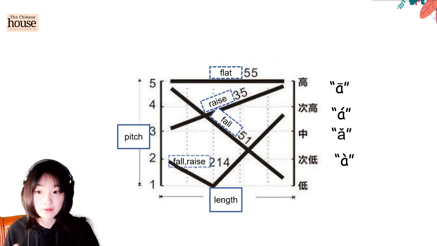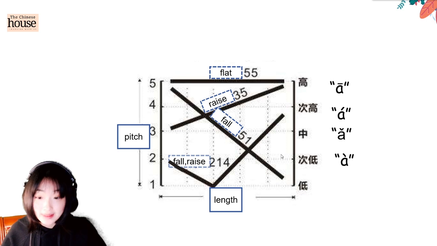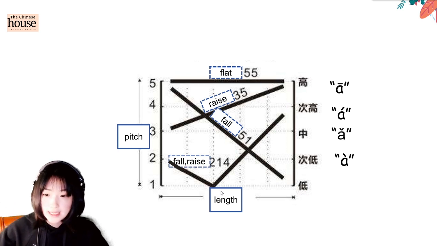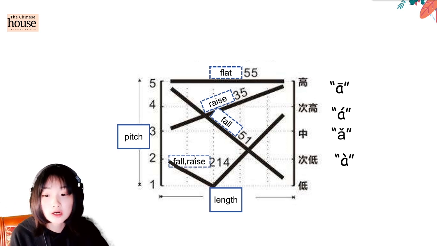Don't try to remember the beginning pitch or the highest pitch like singing. You don't need to, because after times of training, you can just remember it naturally. And then the third tone goes from 2 down to 1, and then rises to 4.